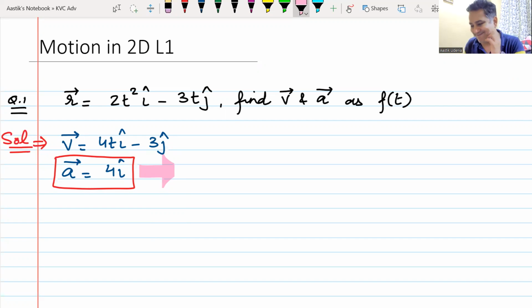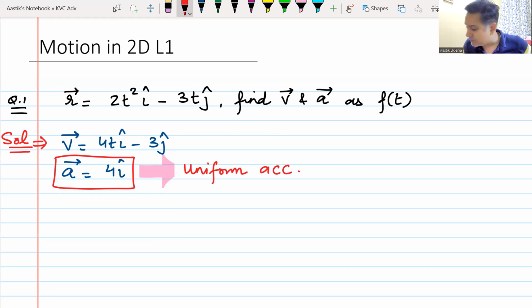I again repeat the same wording. Is it motion with uniform acceleration or non-uniform acceleration? This is a motion with uniform acceleration. Do we understand this? Well, this is simple motion in 2 dimension.